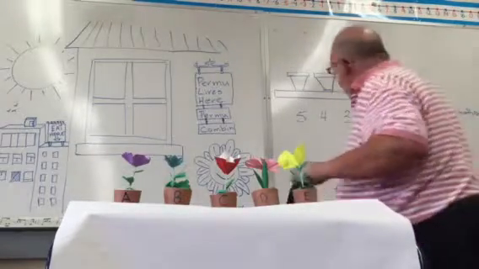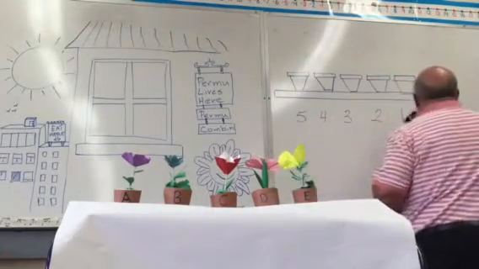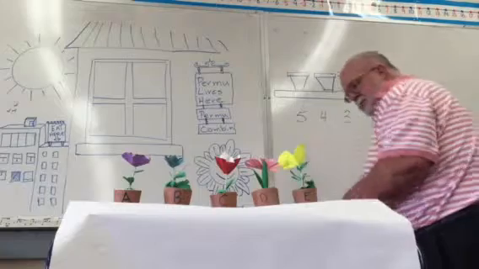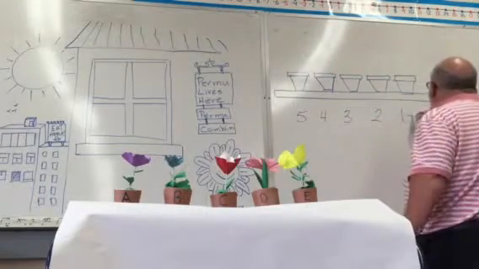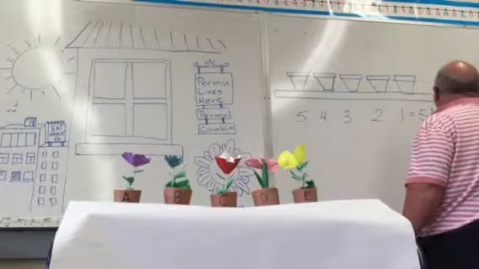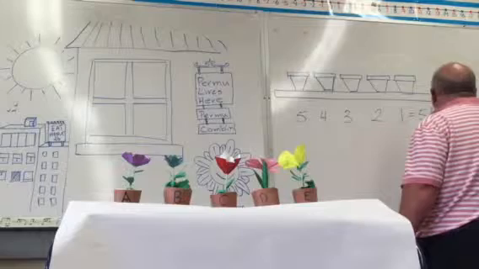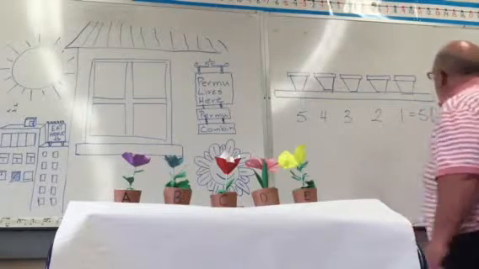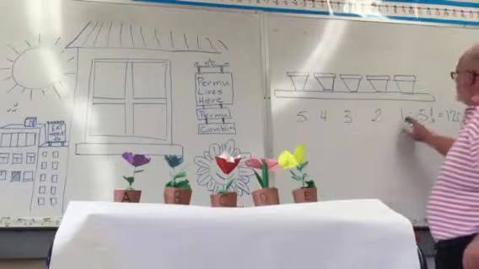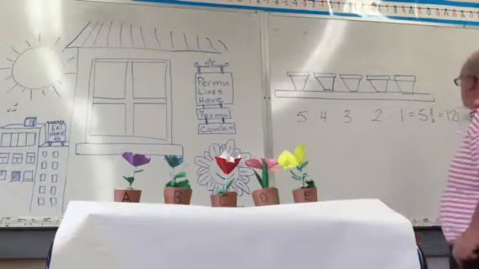Let me rewrite these real quick. So 5 times 4 times 3 times 2 times 1 is 5 factorial, and that's 120 permutations.